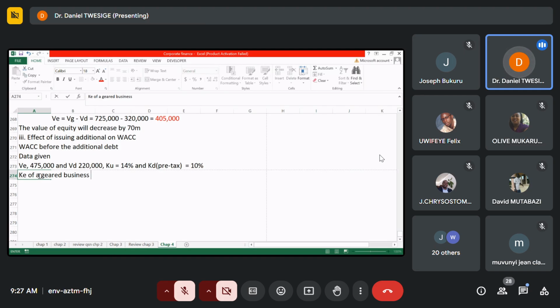And how are you going to get the KE of a geared business? In this case, you apply Modigliani and Miller. KE is KU plus (KU minus KD) into (1 minus T) times D divided by E.